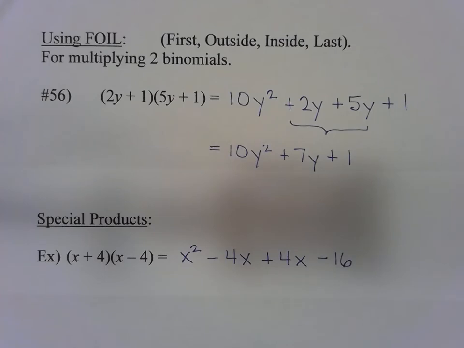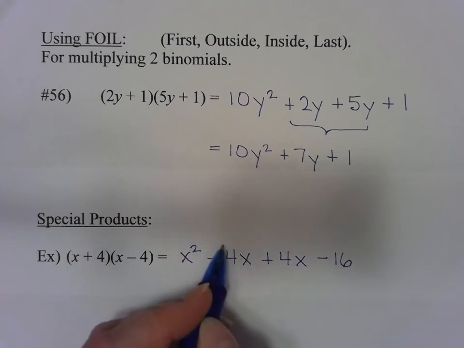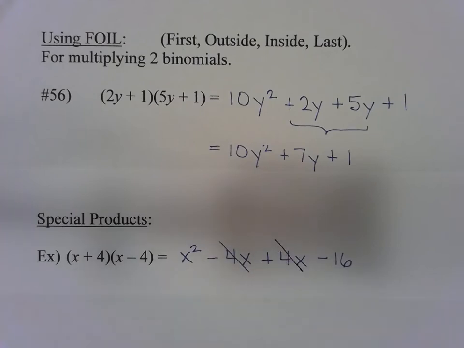The special thing that happens here is that the two middle terms are equal but opposite in sign. So because they're opposite in sign, they add to be 0 and cancel each other out. And so we're left with x squared minus 16.